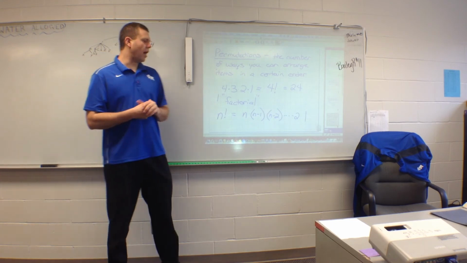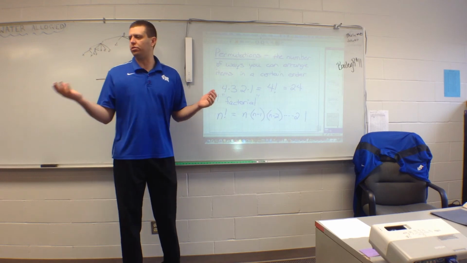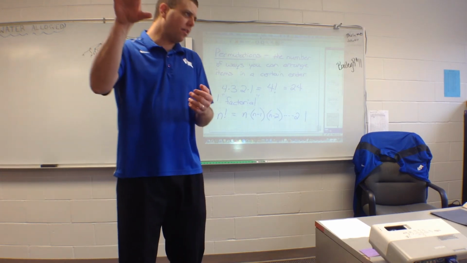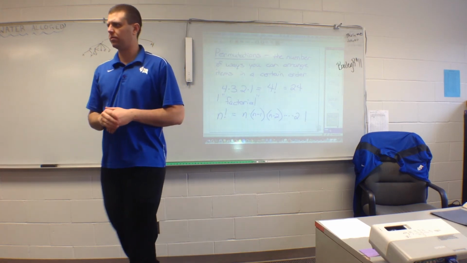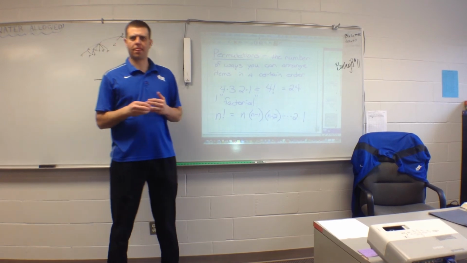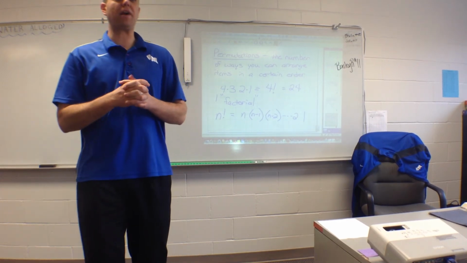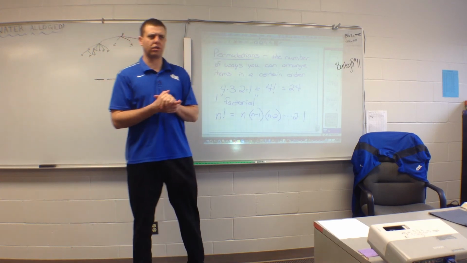So let's say you wanted to do 6 factorial. You type in the number 6 first, then hit math, go over to PRB, and then down to factorial. 720. Good. If you don't have a graphing calculator, you're going to have to find that exclamation point on your own. I can help you out if you're struggling with it.